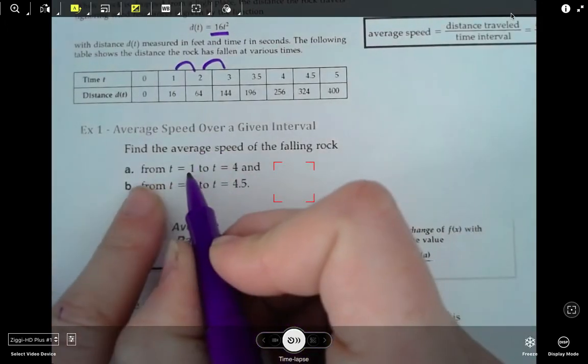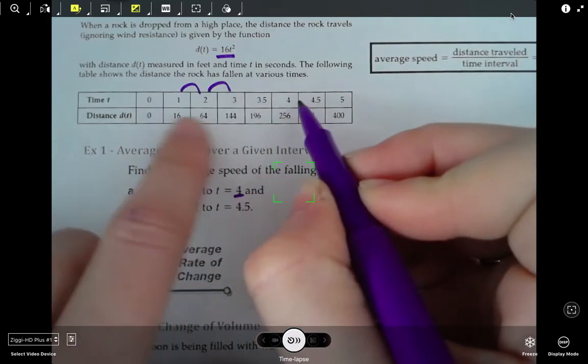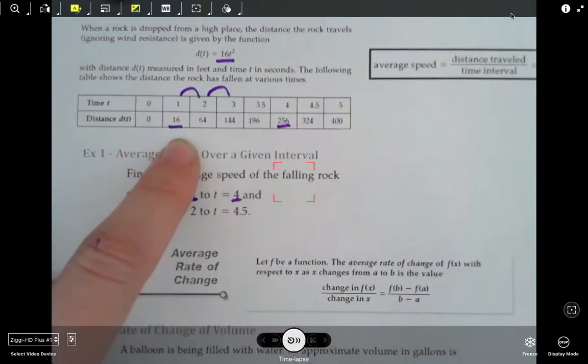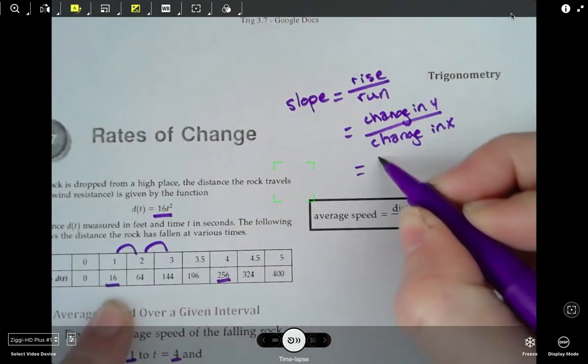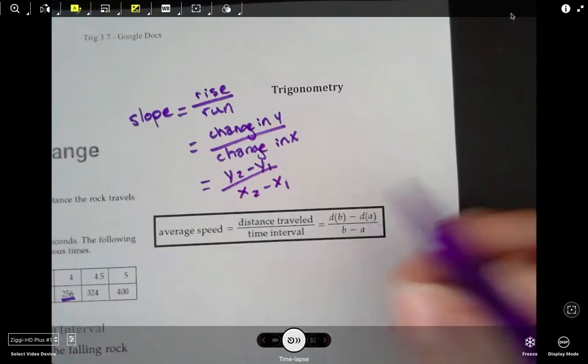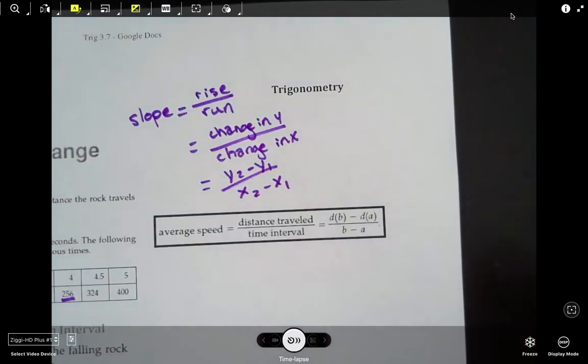So they want to know the average speed from 1 second to 4 seconds. So we're starting with 1 second and we're going to 4 seconds here. 1 second is at 16 and 4 seconds is at 256, okay? If you remember the formula for slope, like y2 minus y1 over x2 minus x1, that's exactly what you're doing. D of b minus d of a means the y-coordinates, b minus a is the x-coordinates.